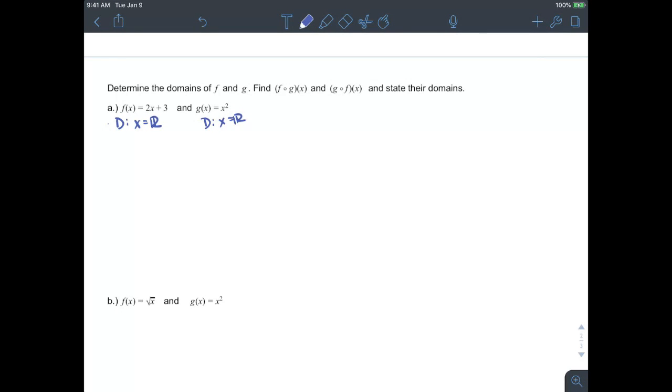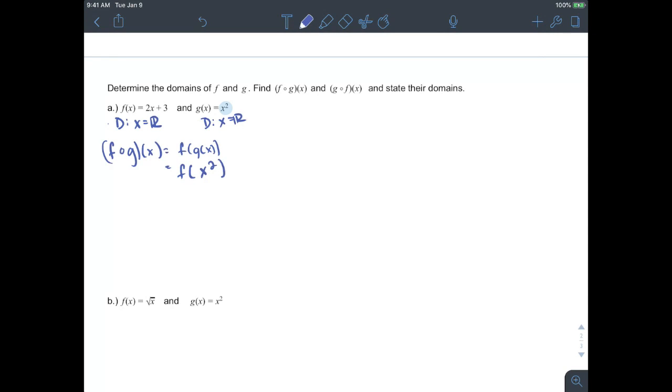Okay, so f of g of x, it's an open circle, you have to be really careful, is equal to f of g of x, which is, so f, we leave, g of x is equal to x squared, right here.